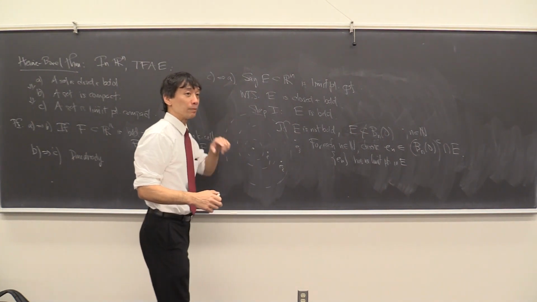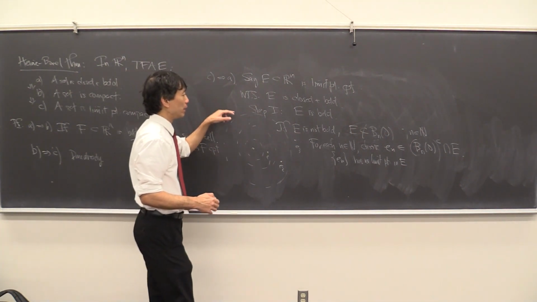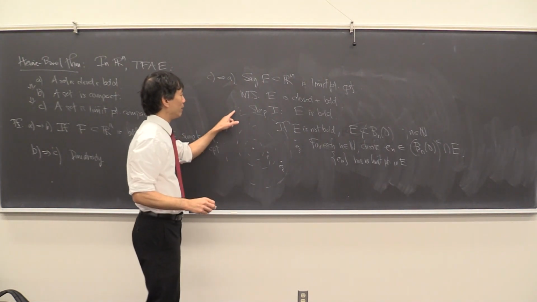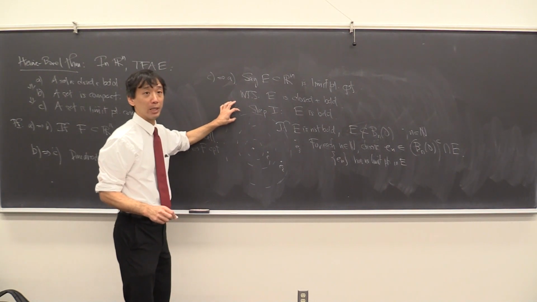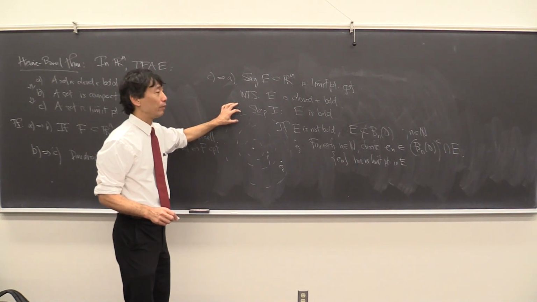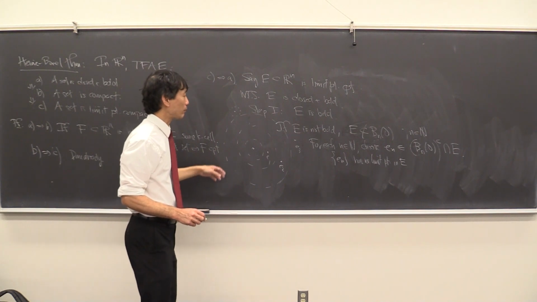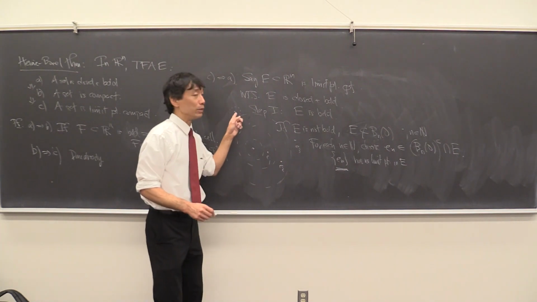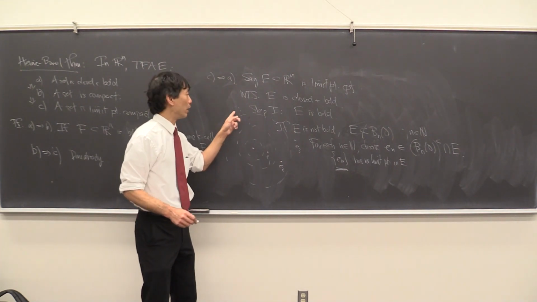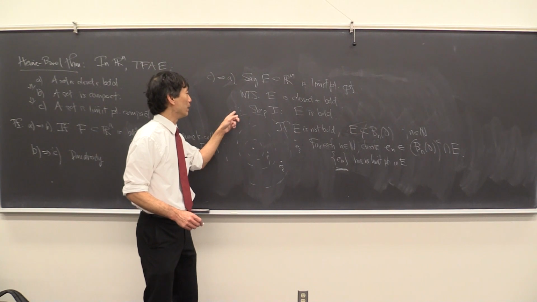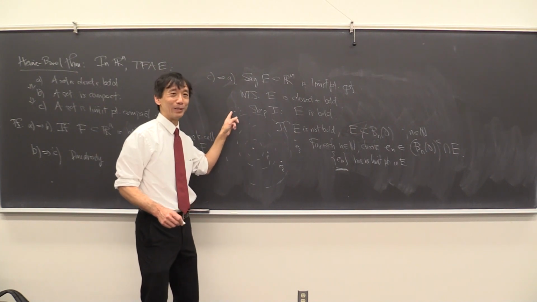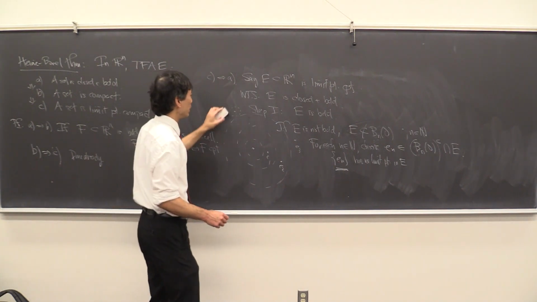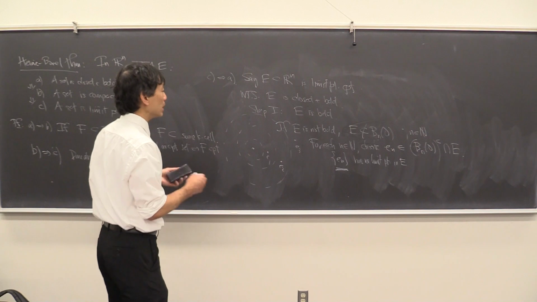Remember, to be a limit point means that every punctured neighborhood has infinitely many points of the E sub n inside there. But there are no such points, right? Because the points are heading off towards infinity. So E must be bounded.